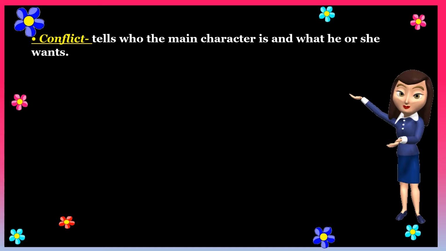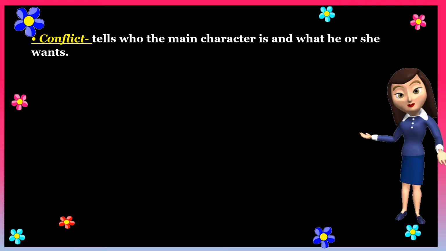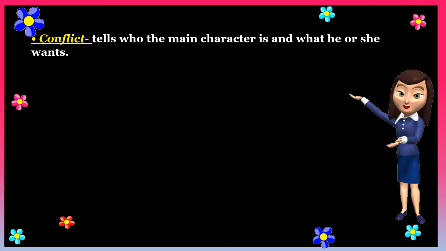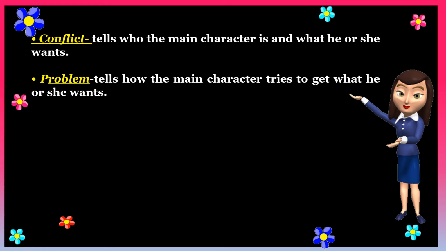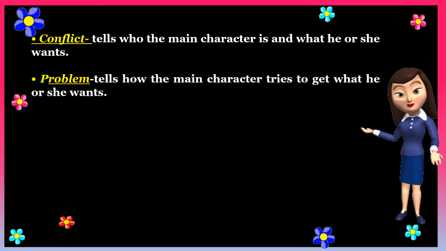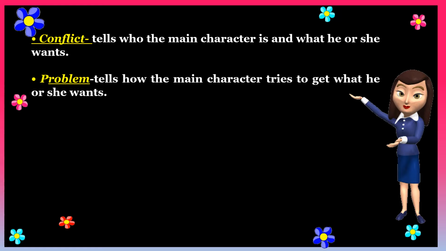So in our story, what is the conflict? The mother wants to, yes, look for food. Okay, next, how about the problem? The problem tells how the main character tries to get what he or she wants.